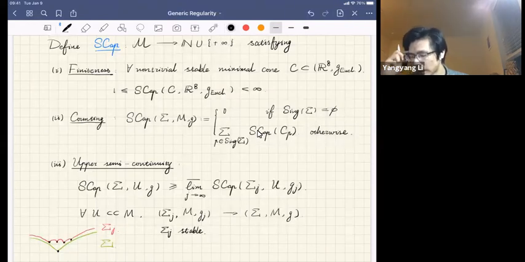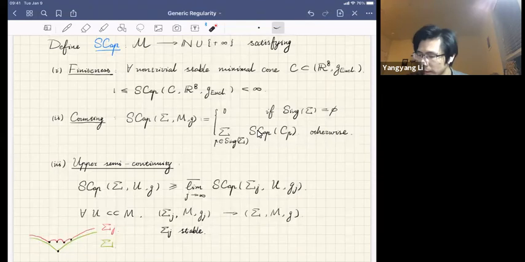And then along the sequence as j goes to infinity, we'll see that these 4 singular points converge to this singular point P inside the singular set of sigma.